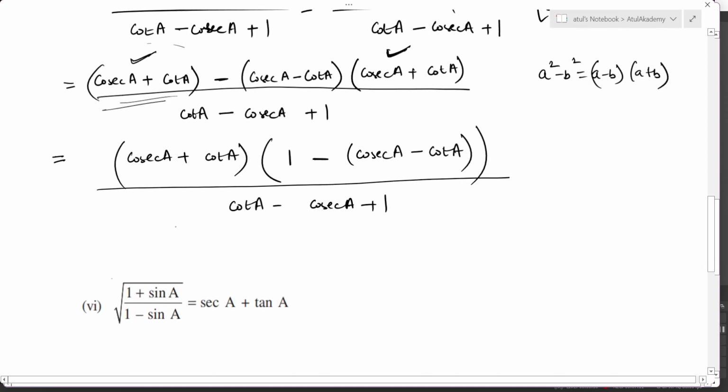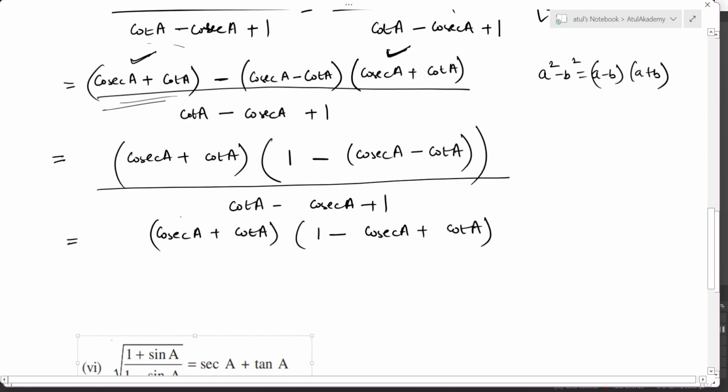Now let's open the bracket. When I open the bracket, it will be cosec A plus cot A, and I have 1 minus cosec A plus cot A. The sign will change, minus minus will change to plus, divided by cot A minus cosec A plus 1.